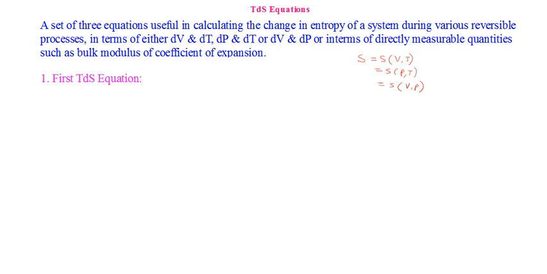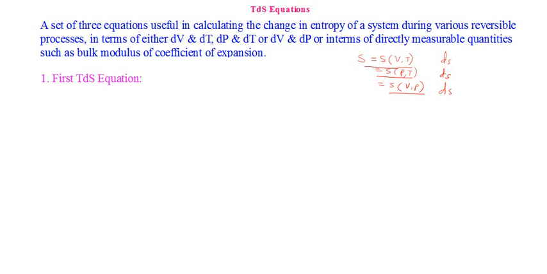So you can see that we will be able to obtain three separate relations for change in entropy. If you use this functional relationship between the variables, you will get one equation for dS. If you use this particular functional form of entropy, you will get another equation for dS, and the third will give you another expression for dS.